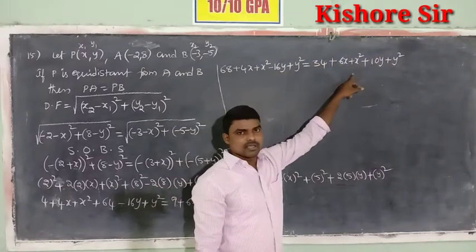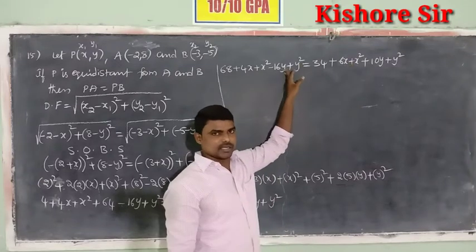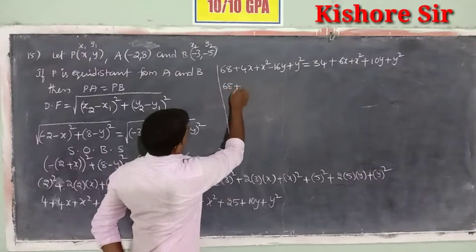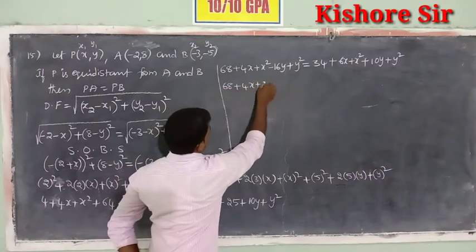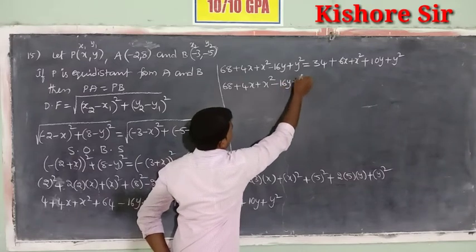All these are plus quantities. Plus quantities become minus quantities. Okay, so in LHS: 68 plus 4x plus x square minus 16y plus y square.